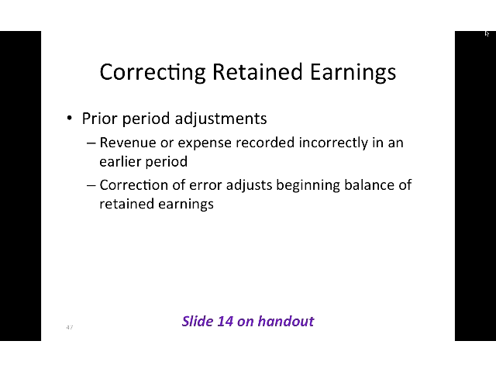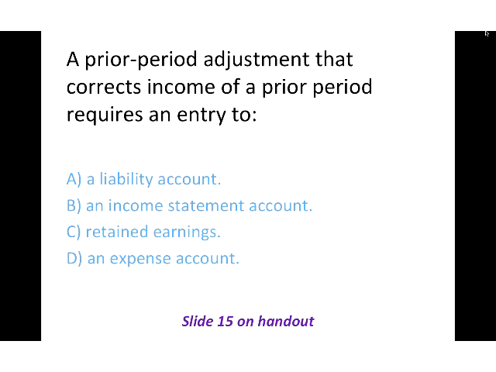This is when we find that revenue or expense was recorded incorrectly in an earlier period, and we adjust the beginning balance of retained earnings. Okay, so given that, a prior period adjustment that corrects income of a prior period requires an entry to what?